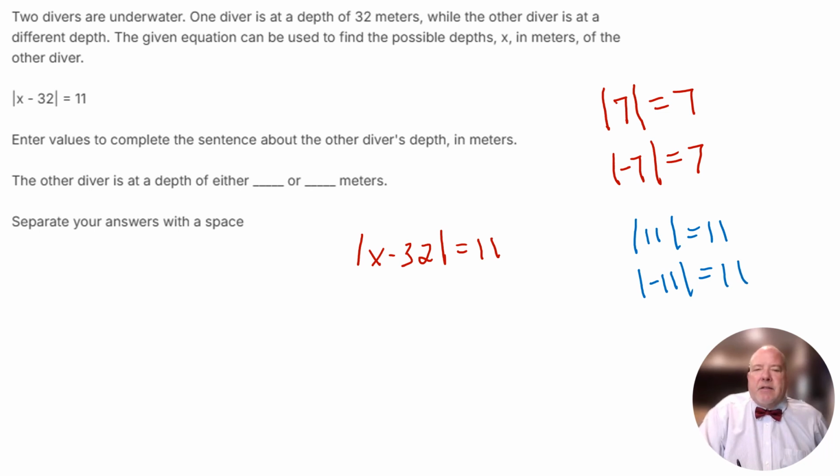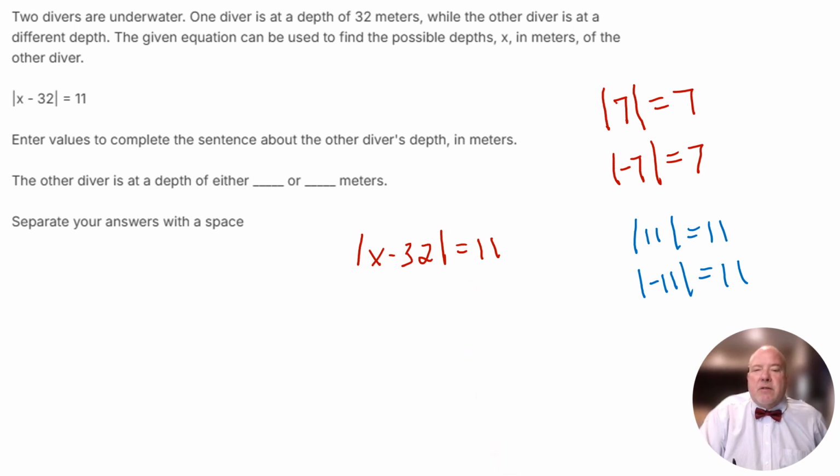So if I go back to the question here, you can see that what's inside could be 11 or negative 11 because both of those are equal to 11.